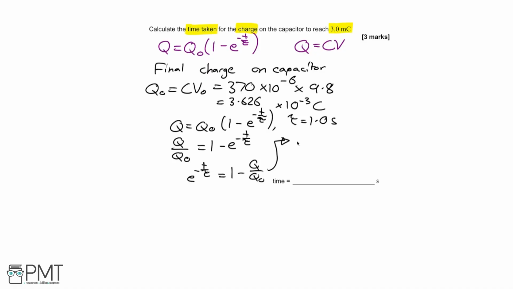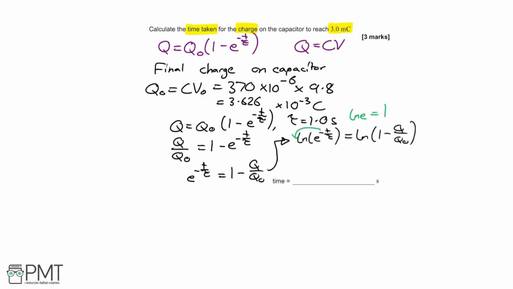So finally, if we take logarithms of both sides, then we're left with natural logarithm of e to the minus t divided by tau, which is equal to natural logarithm of 1 minus q divided by q0. We can do the same trick that we did in the previous part of the question and bring the power down, and also use the fact that natural logarithm of e is just equal to 1.